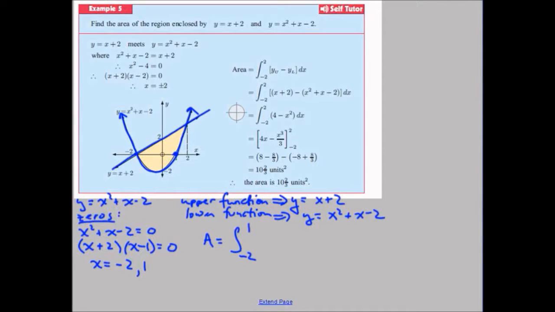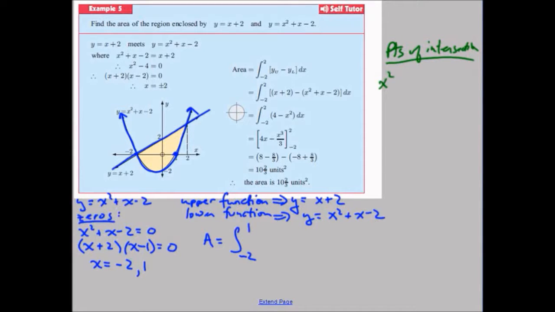We need to figure out where those points of intersection are. Points of intersection occur where those two graphs equal each other.